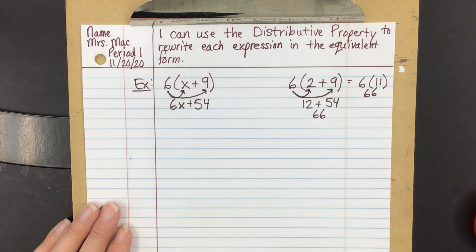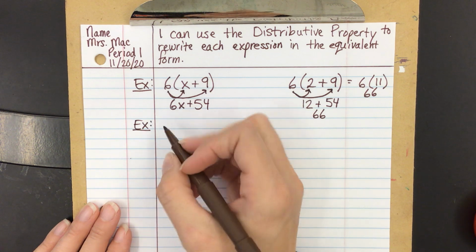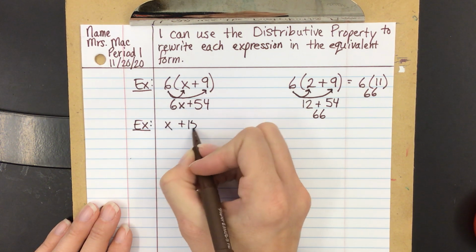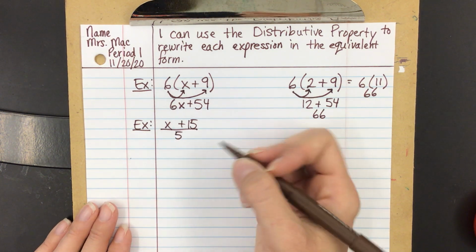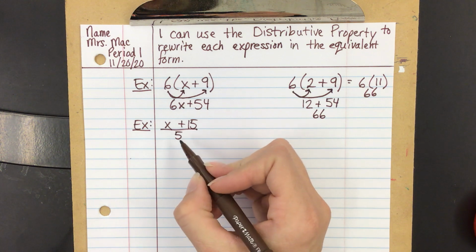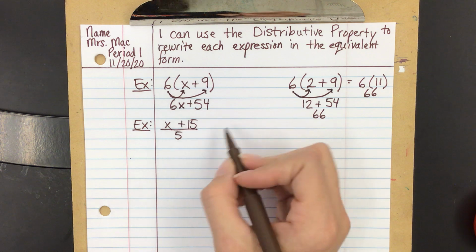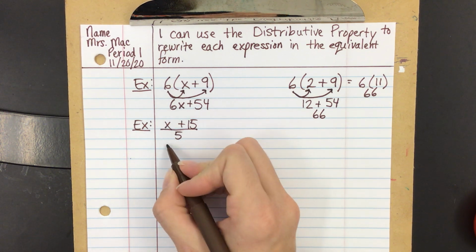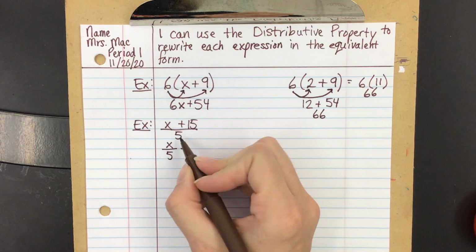Now I want to show you that it also works with denominators, because remember how we talked about fraction bars being grouping? So if you have (x plus 15) over 5, you can basically distribute this to each thing. So what we're doing is we're going to do x divided by 5. We're going to distribute to the x, and we're going to distribute to the 15.